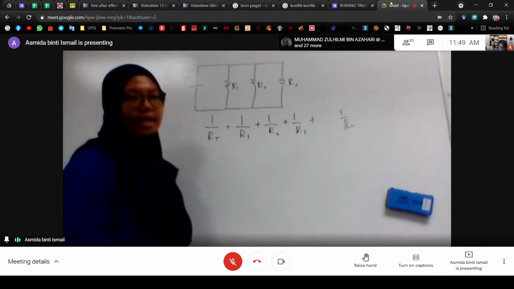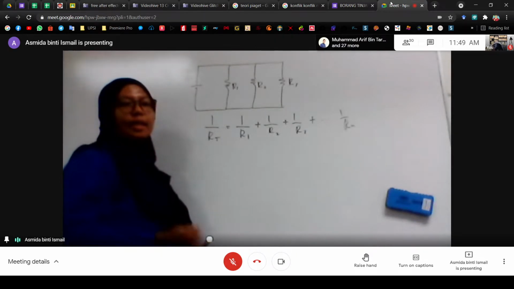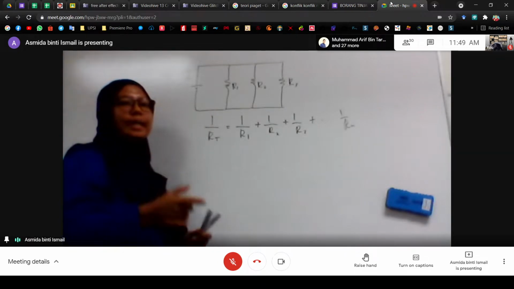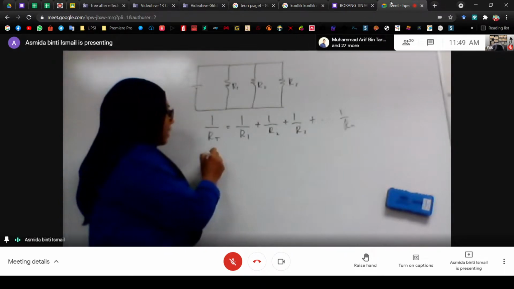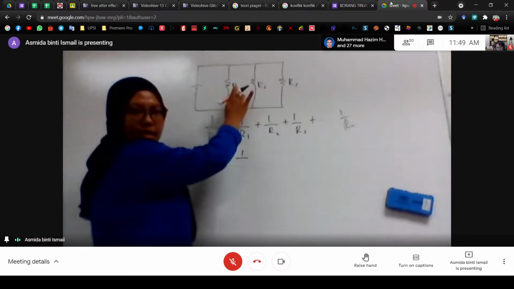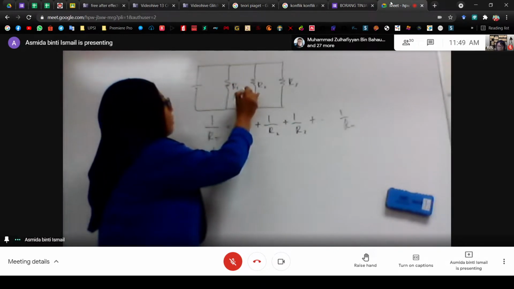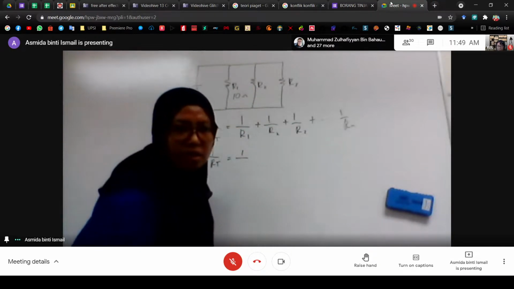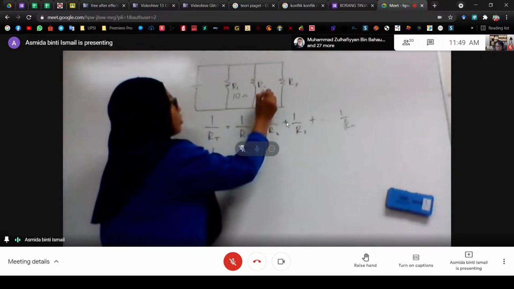So in your slide, 1 over RT is equal to 1 over this. This is 10 ohm. This is 2 ohm.